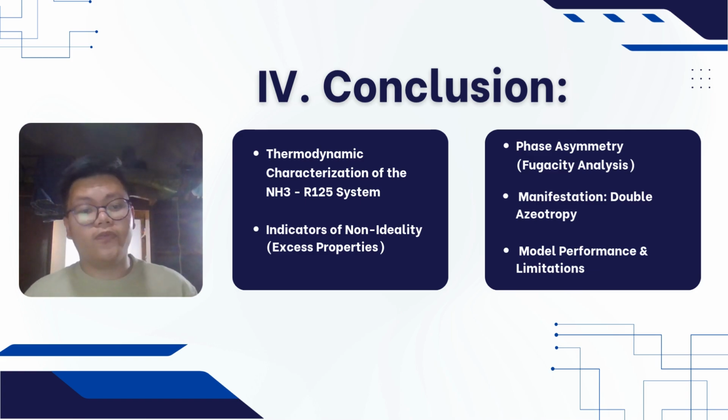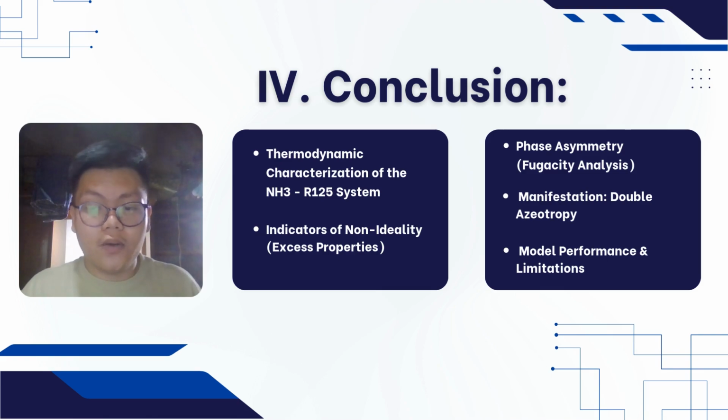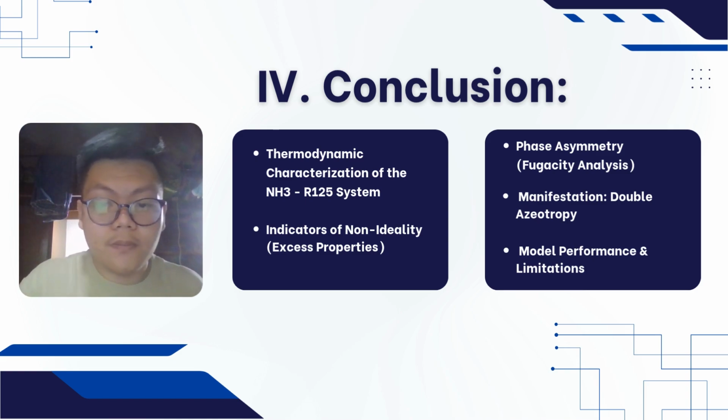This combination of positive excess Gibbs energy and negative excess enthalpy is the key takeaway. It points to a very complex system where strong, favorable associations are being counteracted by large differences in molecular size and shape.